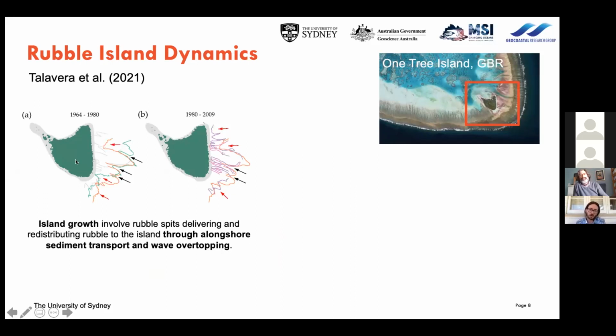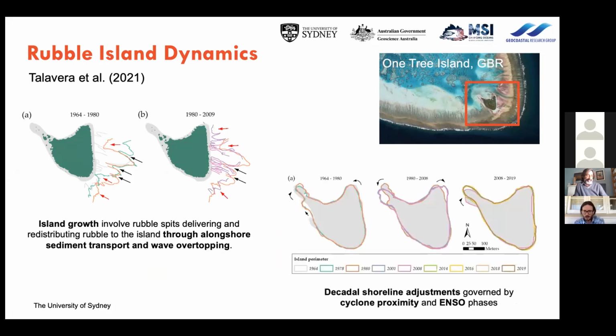We could see that the volume actually increased by 7% over 40 years because of longshore sediment transport and wave overtopping. But what was really interesting with this Rubble Island was that the major changes in the shoreline location or the spit locations were really associated with cyclone proximity and ENSO phases. So the day-to-day movement was happening based on sediment transport and overtopping, but the big changes were happening because of cyclones.